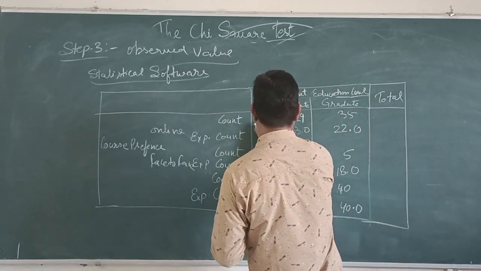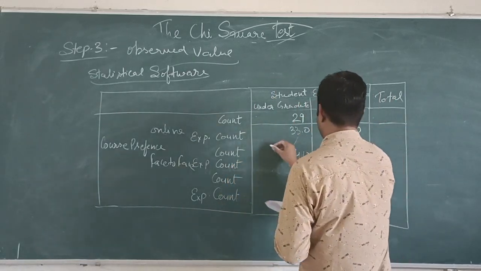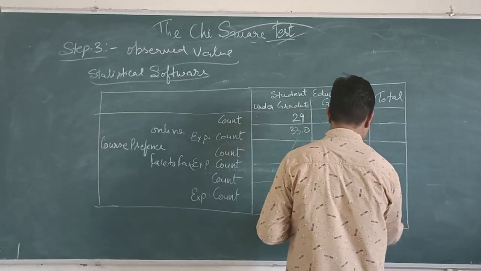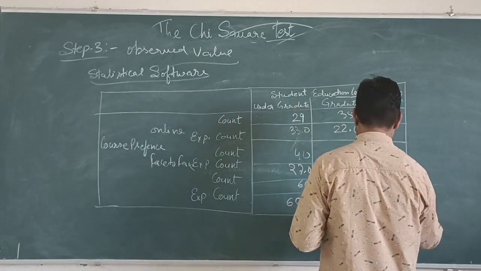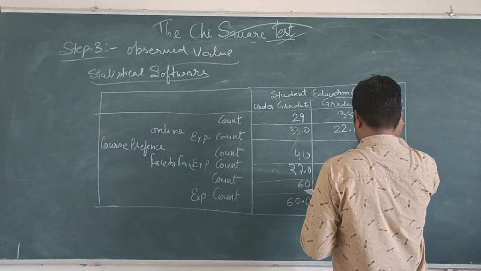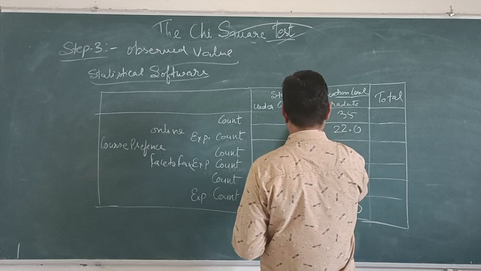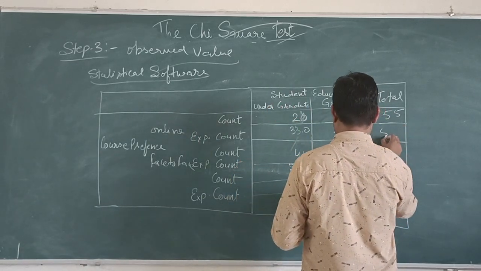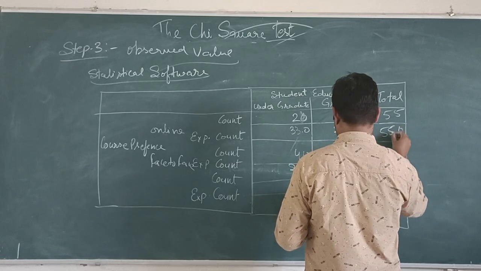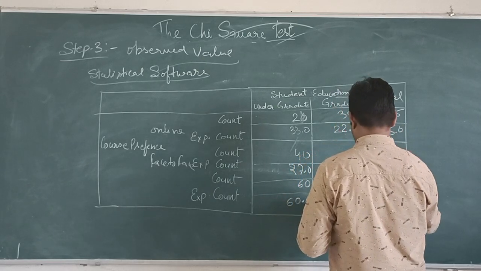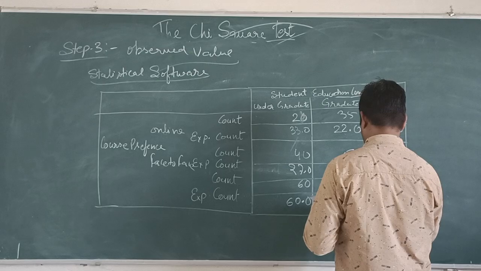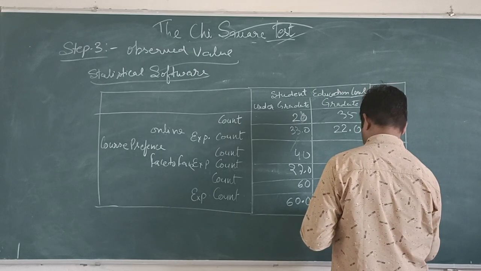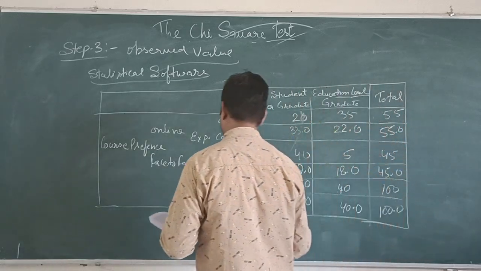The sum of this part is 20, 55, 55, 45, 45, 100 and 100.